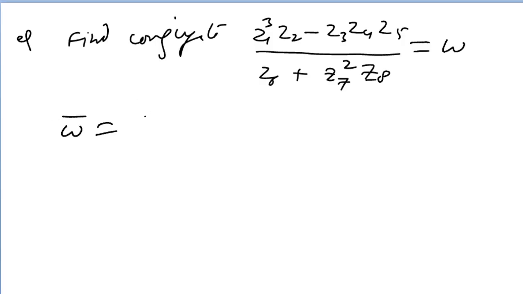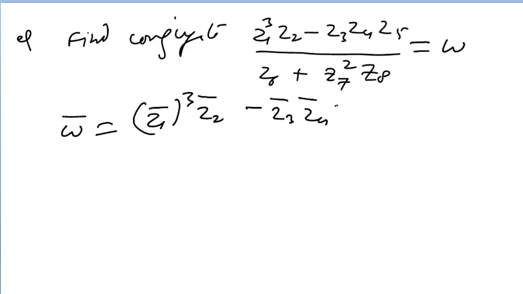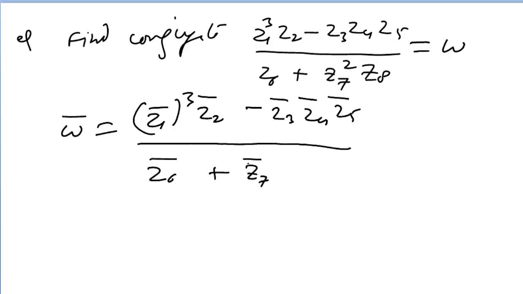individual. So I can say that this is Z1 cube Z2 minus Z3 conjugate, Z4 conjugate, Z5 conjugate divided by Z6 conjugate, plus Z7 conjugate square, then Z8 conjugate.